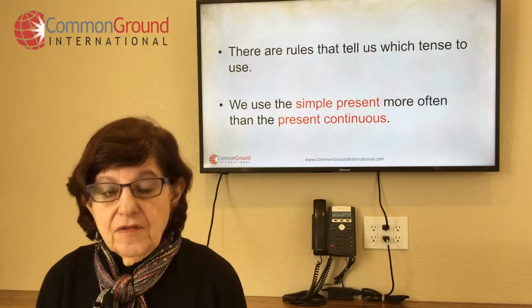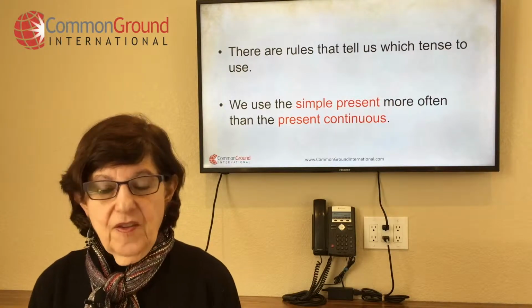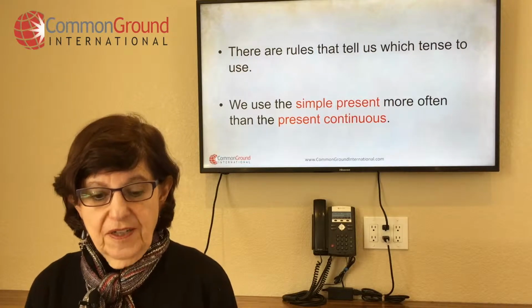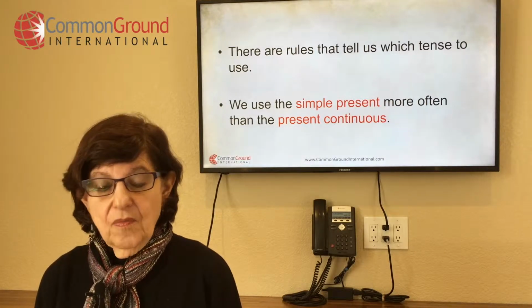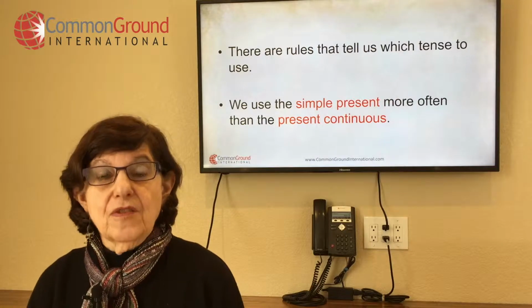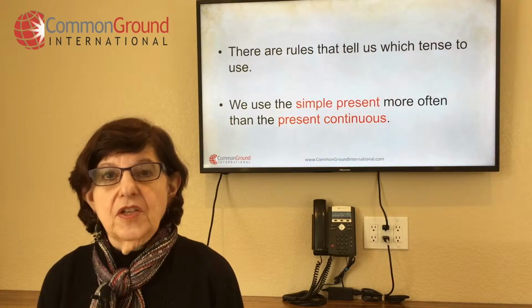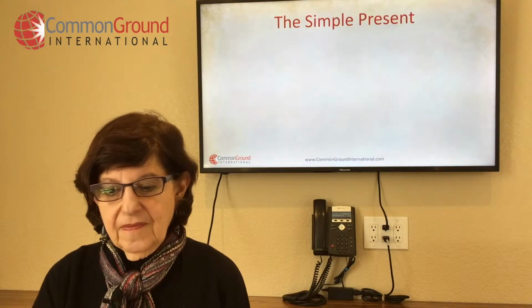And we actually use the simple present more often than the present continuous. Many people learning English overuse the present continuous, but we actually use simple present more often. So if you're not sure what to use, if you use simple present, you will be correct more often.